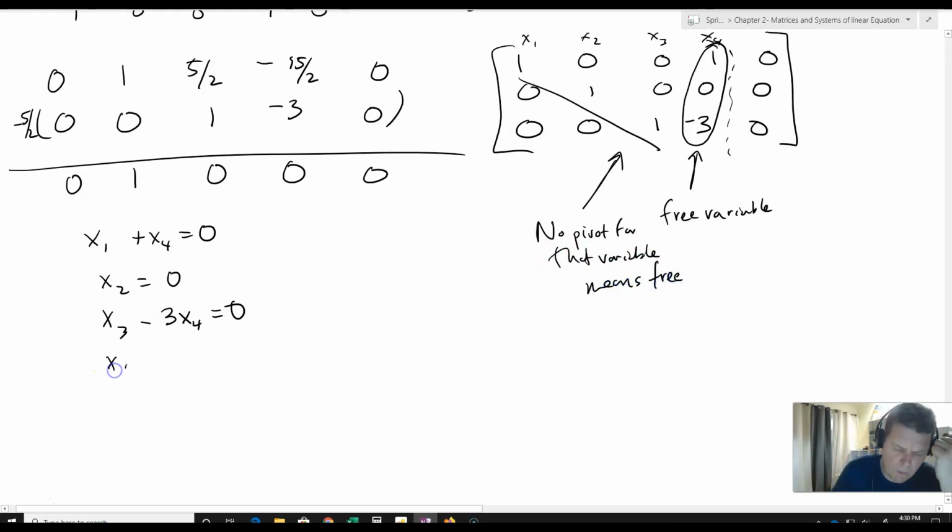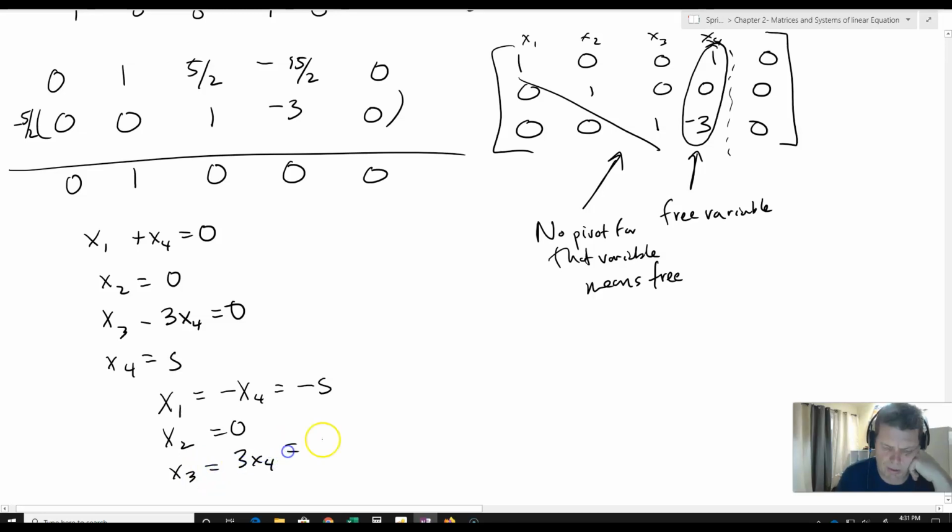Okay, so we're going to call x4 s. So x1 is going to equal negative x4, which means it's going to equal negative s. x2 will equal 0. x3 will equal 3x4, which equals 3s. And then, of course, x4 equals s.